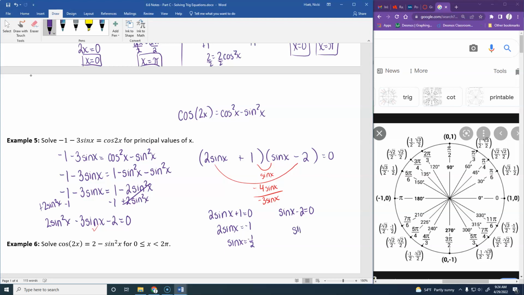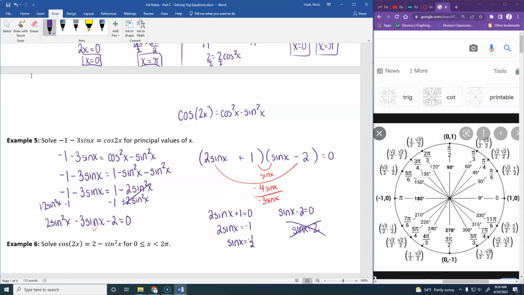Here we get sine x equals 2. Does sine ever equal 2? It does not. What's the highest sine ever is? 1. What's the lowest it ever goes? -1. So if you get anything outside of that range, then you are not going to get an answer from that. But we do need to know where sine equals -1/2.